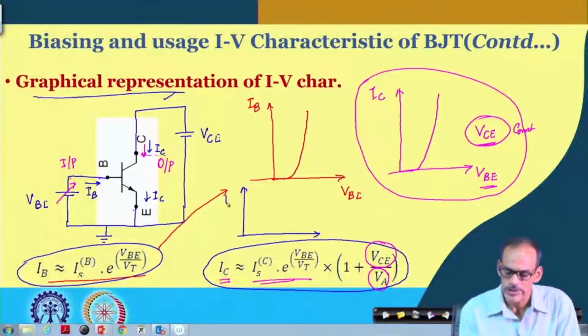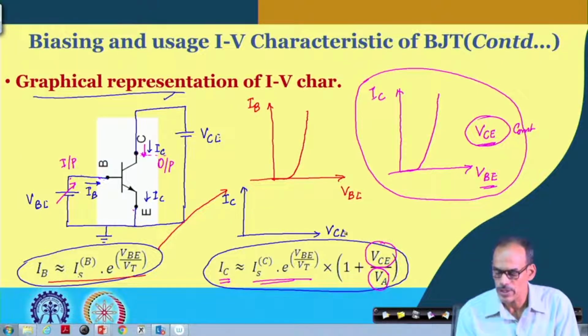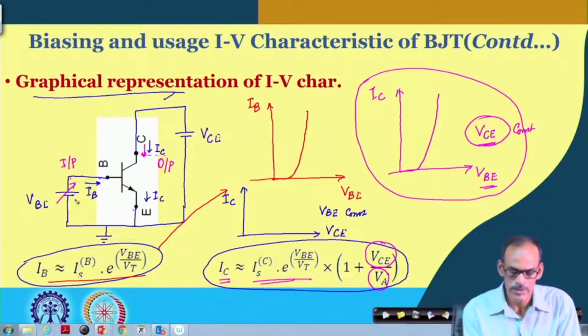So, if we plot IC as a function of VCE, keeping VBE constant, which means that we are keeping this voltage constant, we are simply varying this one, and then we are observing the collector current.